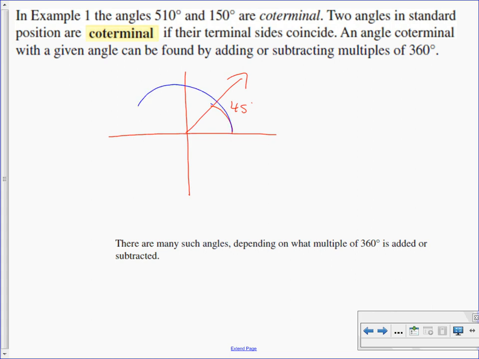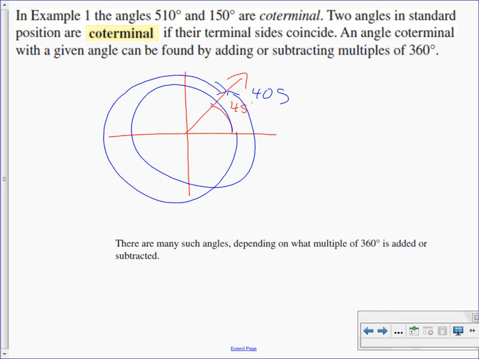If I go another 360 degrees from 45, that's 405. If I go the other direction, I subtract: 45 minus 360 is negative 315. They're all the same angle. They all share the same terminal side. All it's showing is that one of them is negative, one of them is positive.